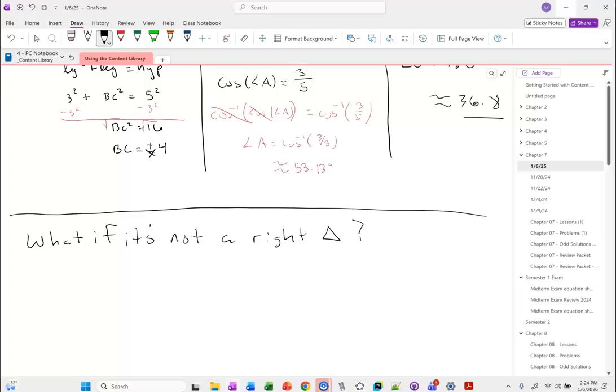What if it's not a right triangle? Can I use SOHCAHTOA?